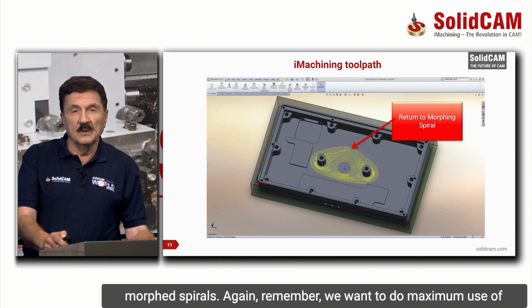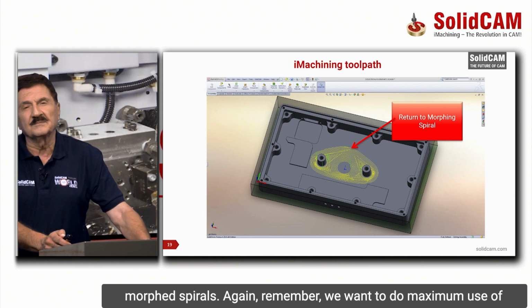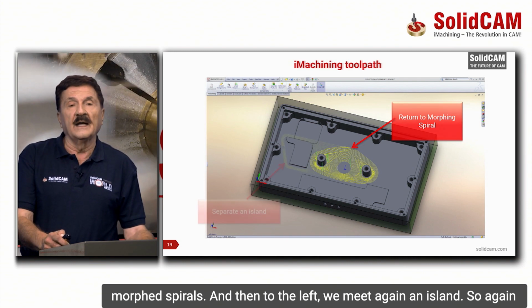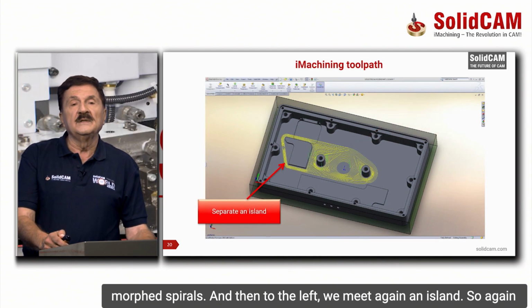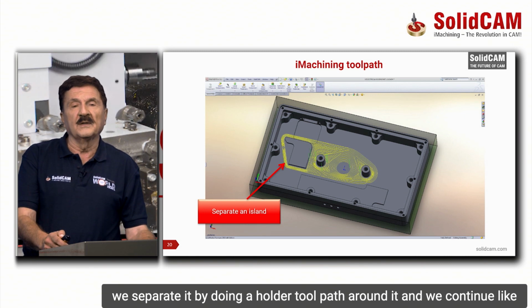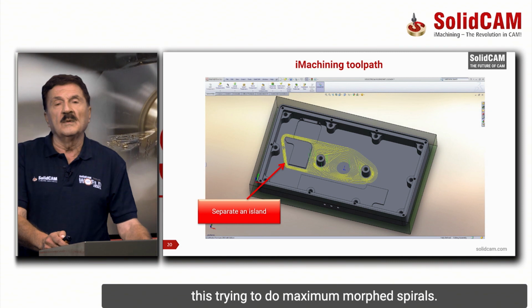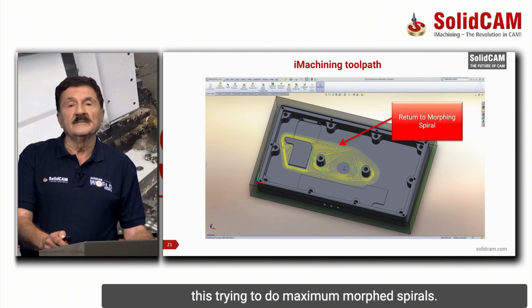Again, remember, we want to do maximum use of morphed spirals. And then to the left, we meet again an island. So again, we separate it by doing a toroidal toolpath around it, and we continue like this, trying to do maximum morphed spirals.